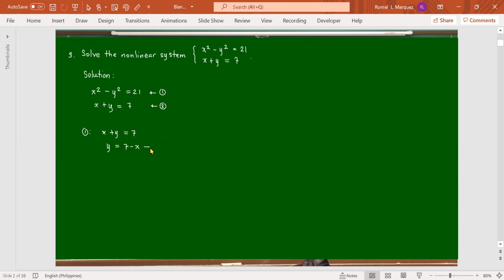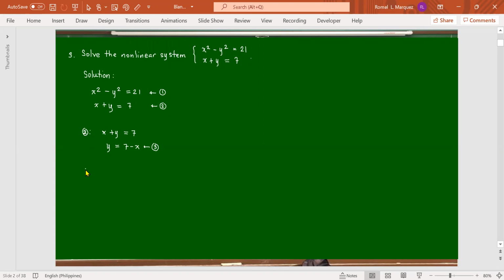This is our third equation. Substitute this y into the first equation because we get it from equation 2. Okay? So this is from equation 2.